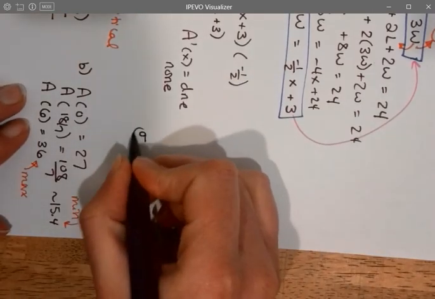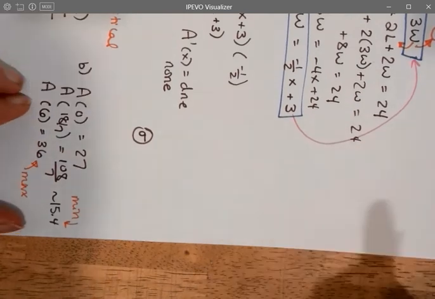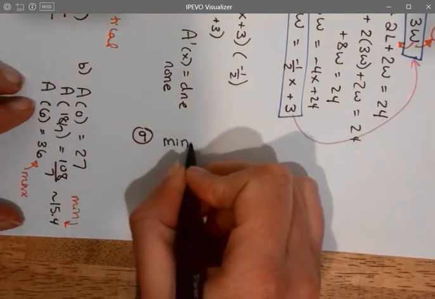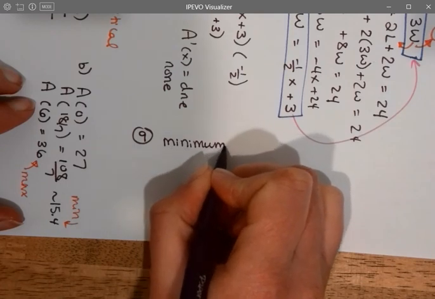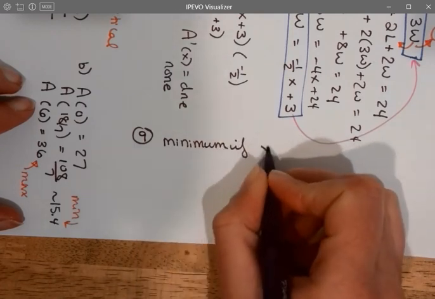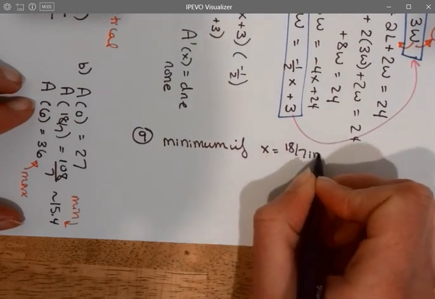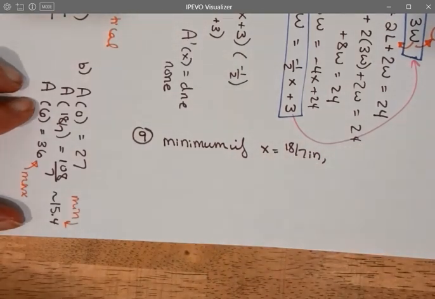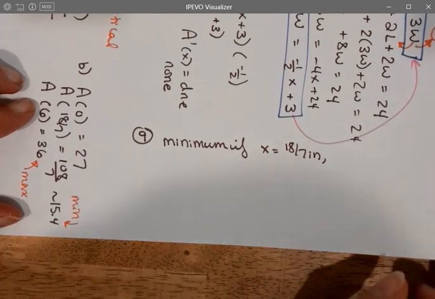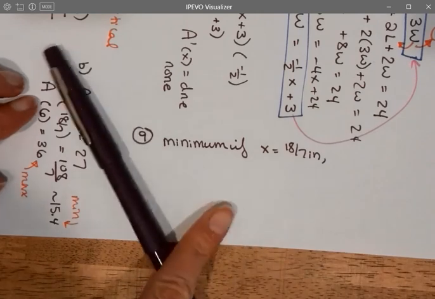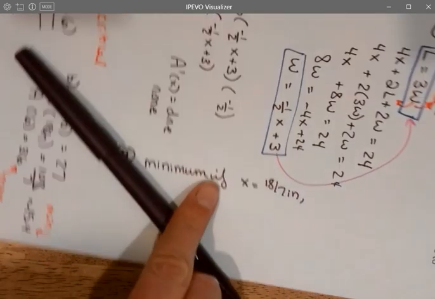So for step 9, we're going to have a minimum if x is equal to 18/7 inches. That's only x, I also want to know what L and W are as well. So remember W was negative 1/2 x plus 3.